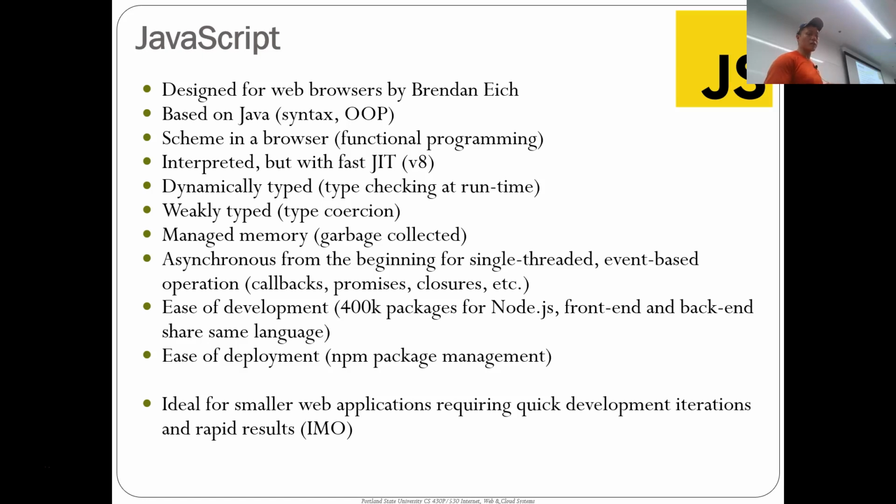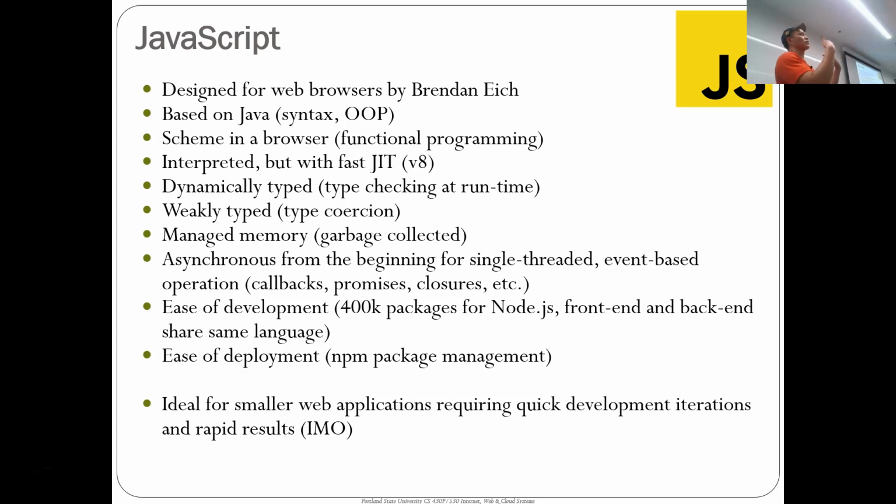In terms of development, there's 400,000 packages on the Node packet repository. And then this is really nice because both your front end and your back end can share the same language. So back end web apps can run Node, and then you're shipping JavaScript on the front end as well. So Node.js is a JavaScript server.